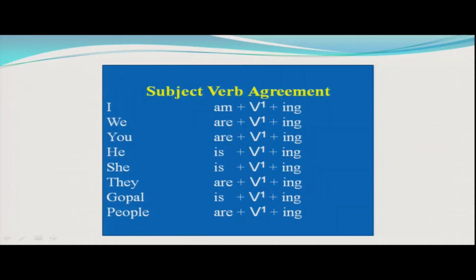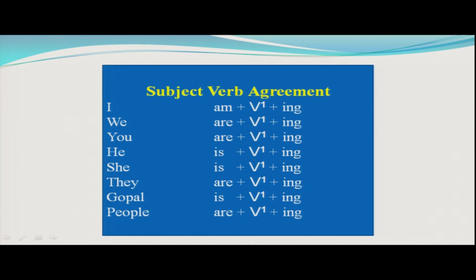And in present progressive, you find this change. Now, subject-verb agreement, again you mark, after I, am, and then verb 1 plus ing, after we, because it is plural, first person plural, are, verb 1 plus ing, then second person you, then are, verb 1 plus ing, verb 1 means the base form or the present form.